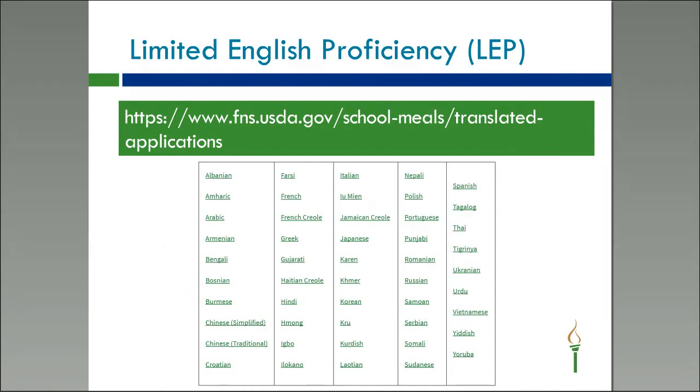So this is the link to the website with the applications, and please just be aware that the USDA does not update these every year, so they'll probably have an old year on them that might say 2015-16 on it still. You're still fine to use these, just make sure to update that year yourself.